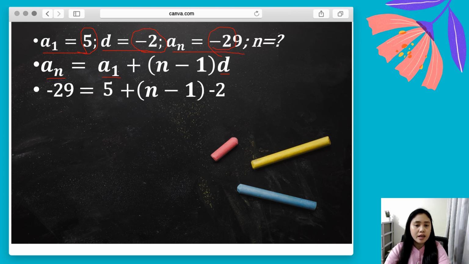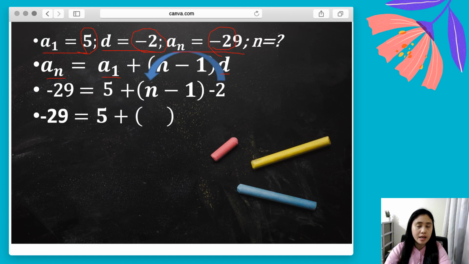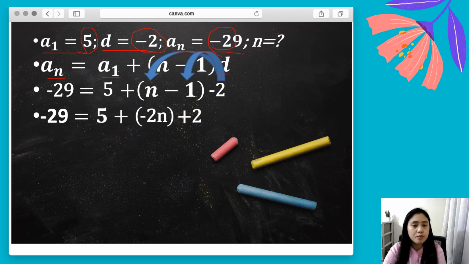Then, next here is to distribute negative 2 to the terms inside the parentheses. So, we will start by multiplying negative 2 by n. Negative 2 times n is equal to negative 2n. Next is negative 2 times negative 1. Negative 2 times negative 1 is equal to positive 2.